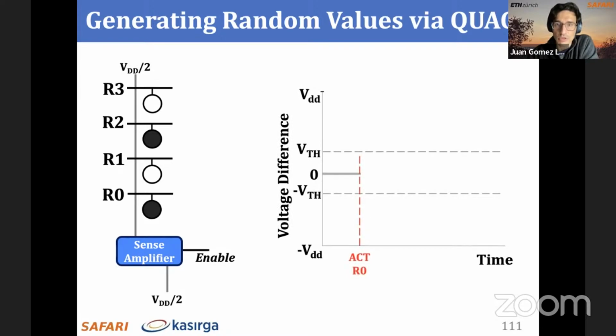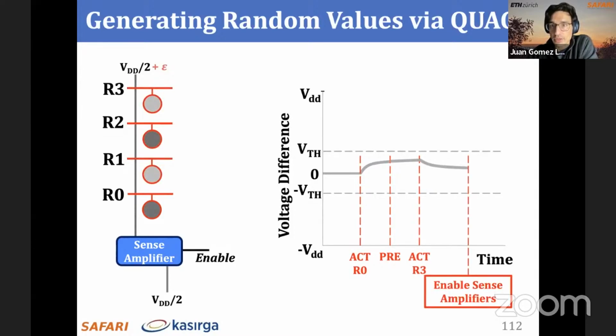The idea in this operation, in QUAC, is to first activate one row, row 0, then precharge before we reach the threshold voltage, then activate another row, in this case row 3, and then at some point we enable the sense amplifiers.